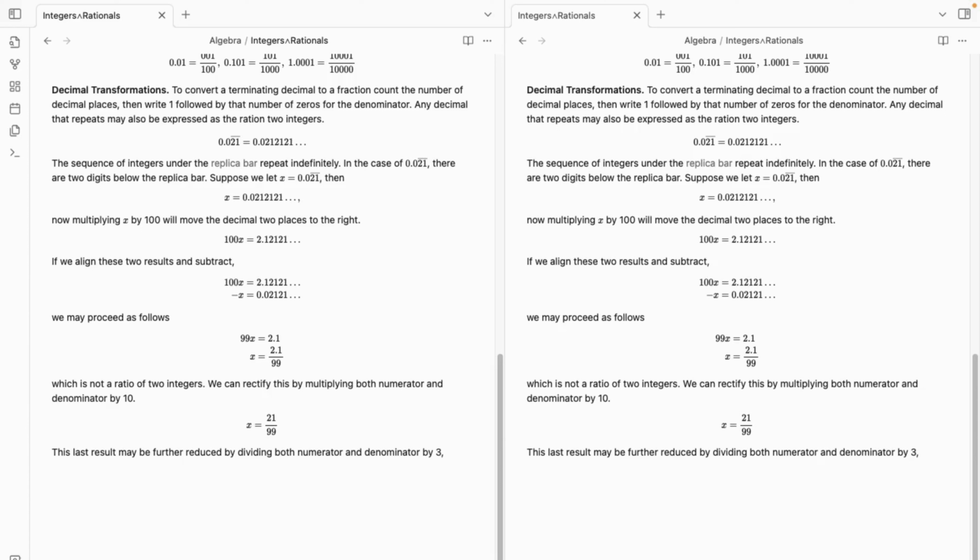Which ultimately yields seven over 330. Once again, a ratio of two integers, and as such, a rational number.